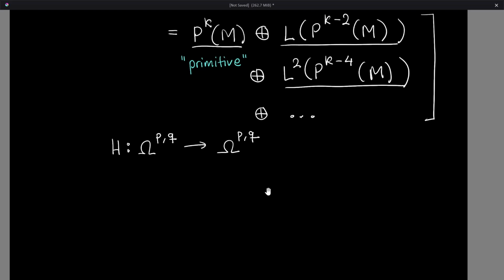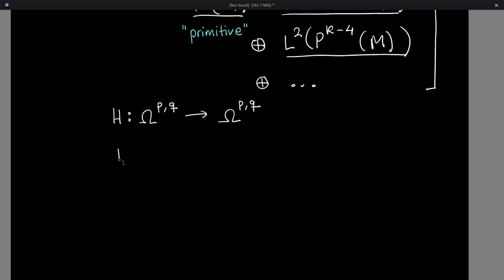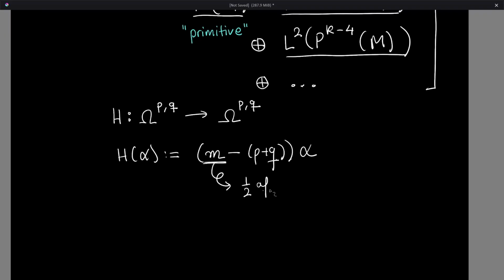I'm suppressing the M here, so that H of alpha is equal to, by definition, the dimension of the manifold minus (p plus q), or you can call that k if you'd like, times alpha. And it counts the difference. So this is the middle point of the manifold. You can say it's the complex dimension, or you can say it is half of the real dimension.